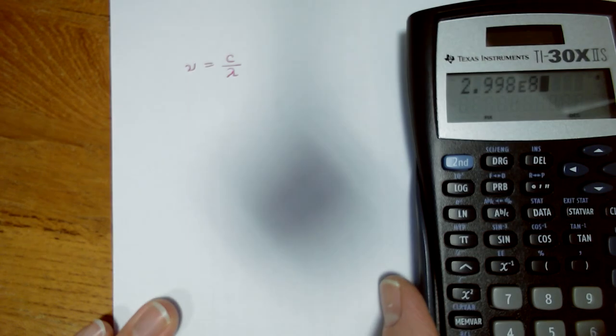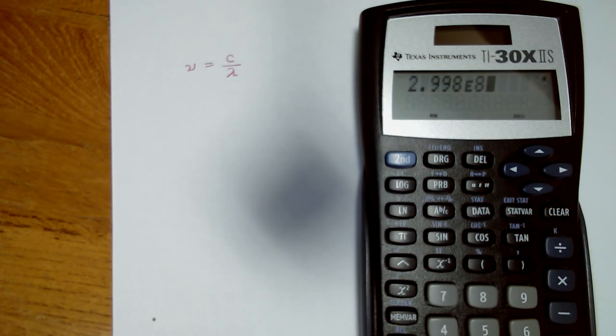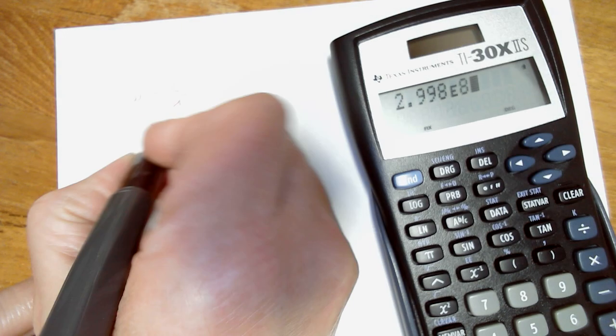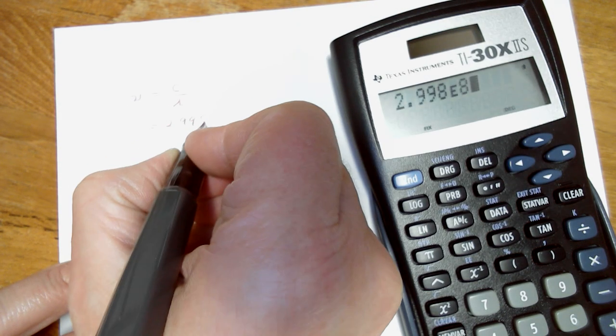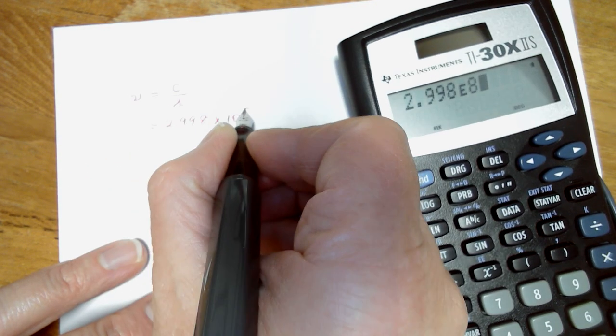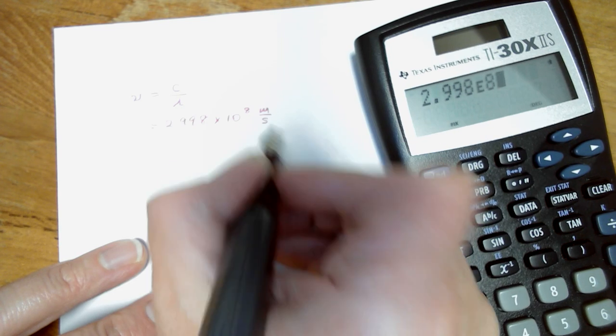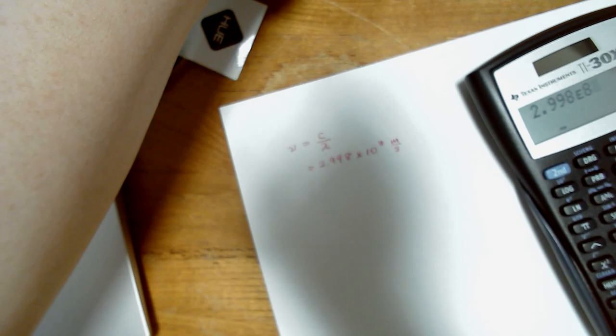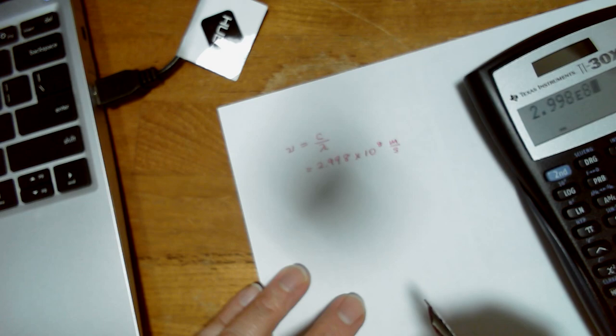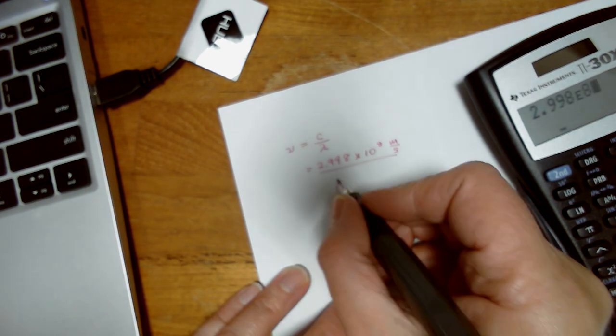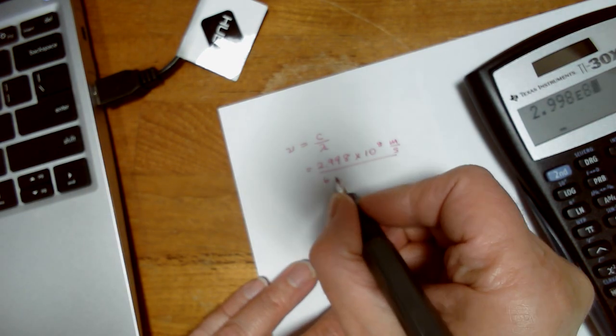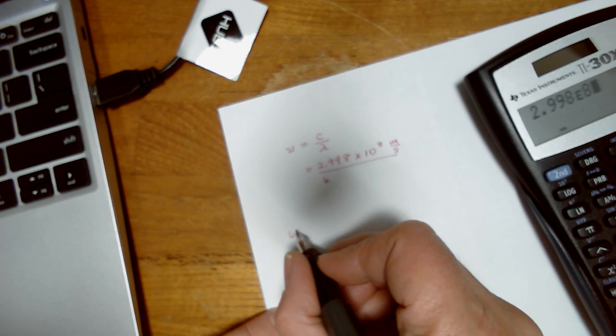Okay, so perhaps we're doing this calculation. So we are going to take 2.998 times 10 to the 8th meters per second, and divide it by a wavelength. I'm just going to make a 1 up. So let's say it was 656 nanometers.